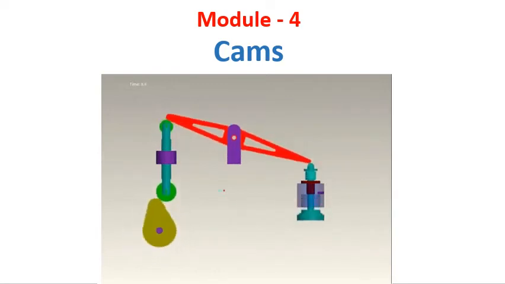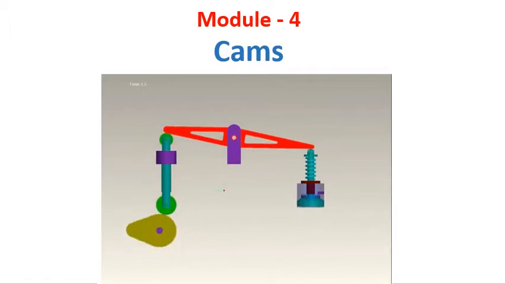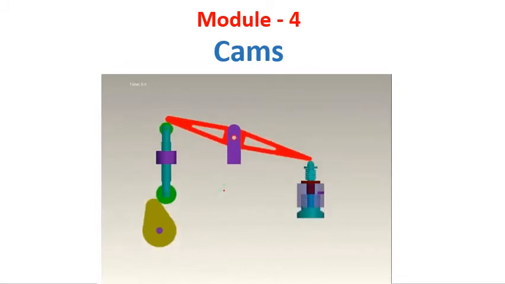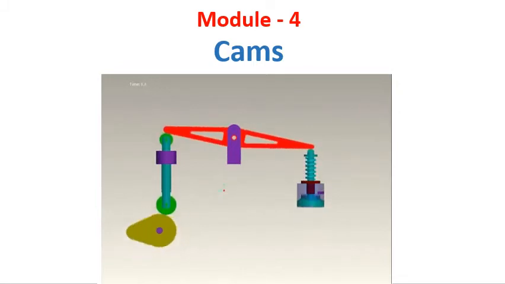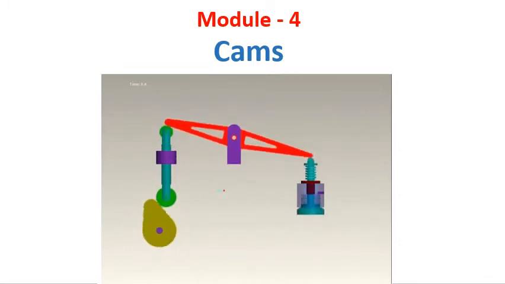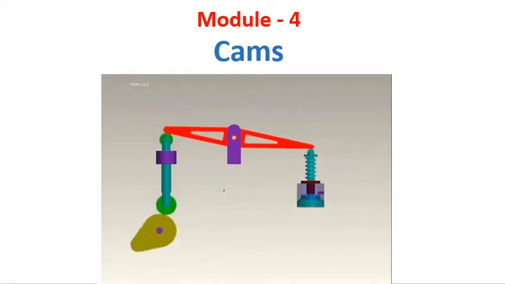Generally the cams are rotated at uniform speed by using a shaft, and the follower motion is predetermined, which will be according to the shape of the cam. The cam and follower is one of the simplest and important mechanisms used in modern machinery.